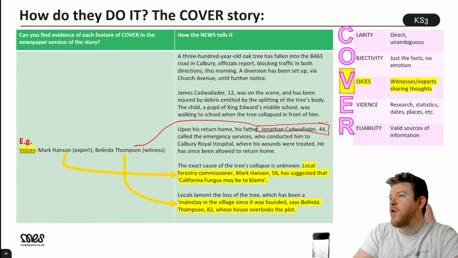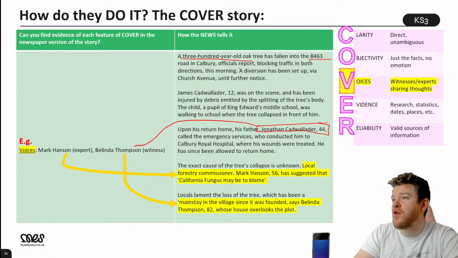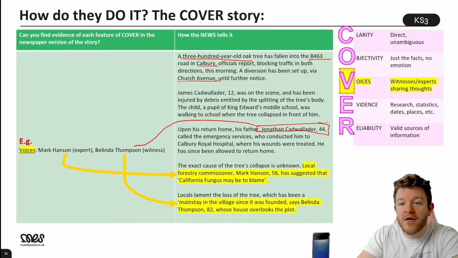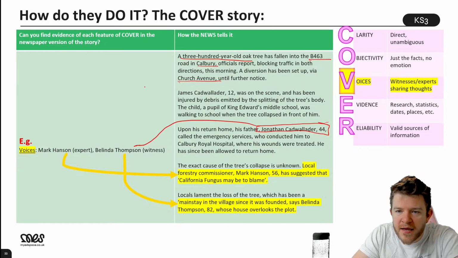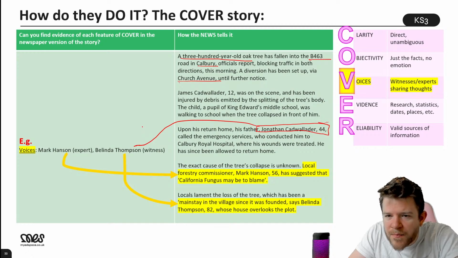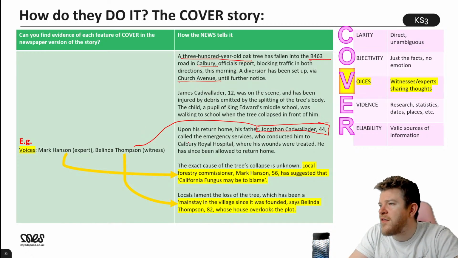So lots of people talking about all the evidence in the first paragraph. So it's 300 years old. It's the B463 road. It is in Calbury. A diversion has been set up via Church Avenue. So all of these names of official places and facts are clearly about clarity and objectivity. Yeah, what else have we seen? Evidence in the third paragraph, yeah. Emergency services, Calbury Royal Hospital.